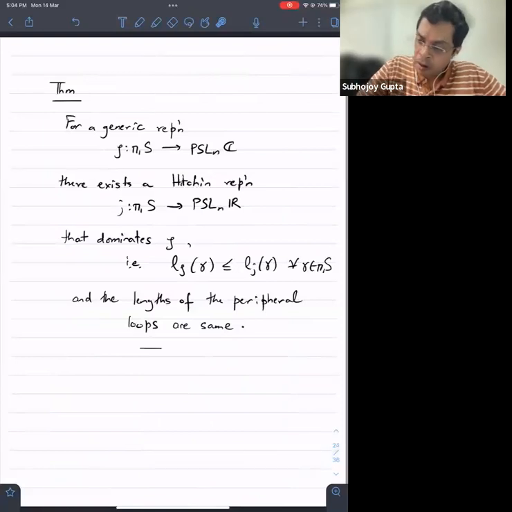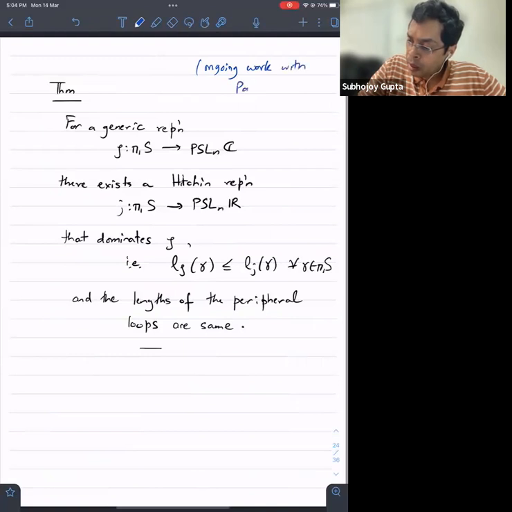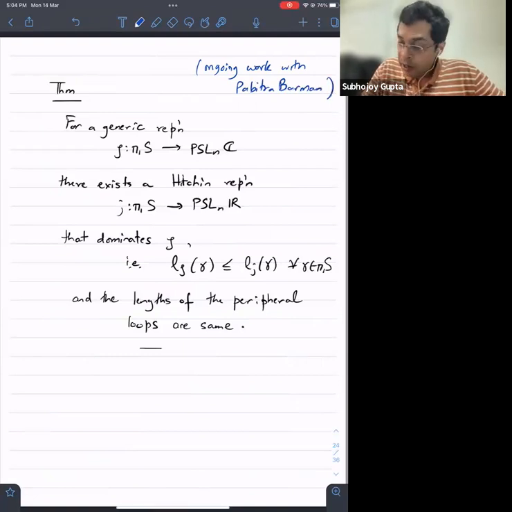Okay, and here's a theorem. Maybe I should also mention this is ongoing work of my PhD student Pavitra Burman, which says that for a generic representation rho to PSL_n(C), there exists a Hitchin representation to PSL_n(R) that dominates rho.